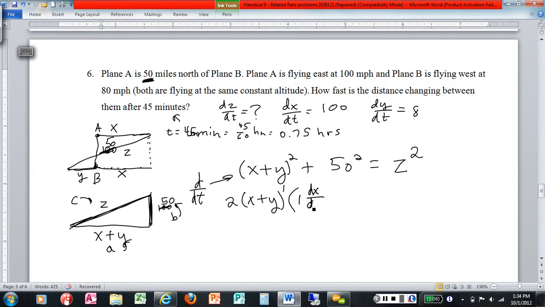Then the derivative of the y part of the inside, well, that's 1 dy/dt. With me okay on that? Now here's the good news. What's the d/dt of the 50 squared? Well, it's a constant. What's the derivative of a constant? 0. So let's just leave that off. And then the derivative of the right would be 2z dz/dt.